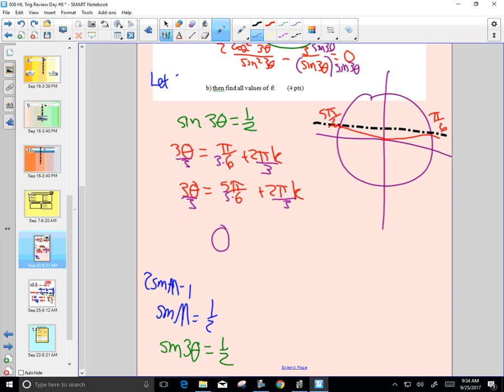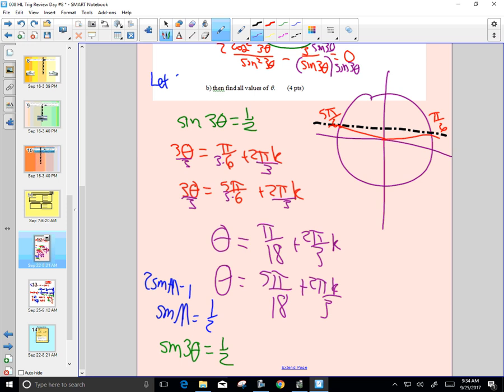And so your answer is going to be theta is equal to pi over 18 plus 2 pi k over 3, and 5 pi over 18 plus 2 pi k over 3. Yep, that's all right. And those are all the answers between 0 and 2 pi, but I think they want you to list them. So I'm going to do that right now. Theta is pi over 18, 5 pi over 18. There's 2 of them.